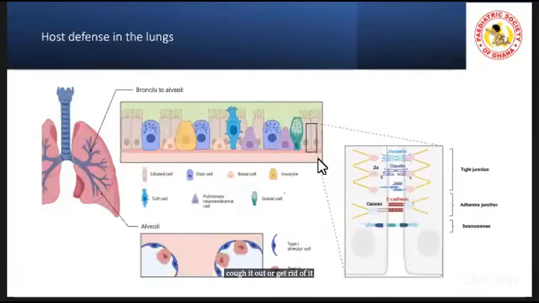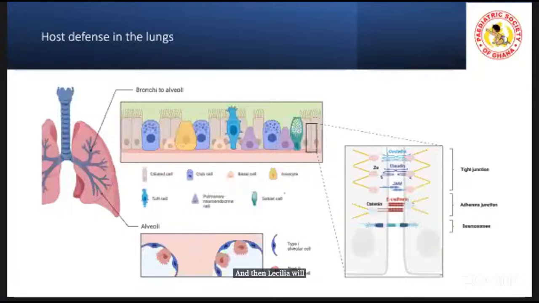Other things like the epithelial lining in the lungs. And you can see in this picture, these tiny hair-like things. Okay, they are called the cilia. They line the whole of the conducting airways right down to the terminal bronchioles. So all this cilia and the mucus on the surface, we call it the mucociliary apparatus. So all this helps to protect the lung. So the bacteria or other antigens that land in the lung will be trapped in the mucus, and then the cilia will just brush it.